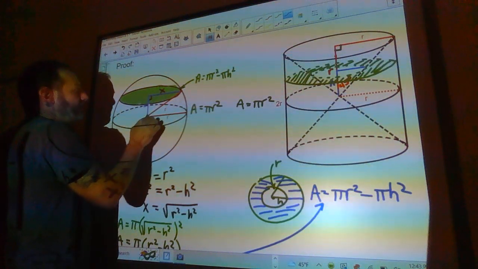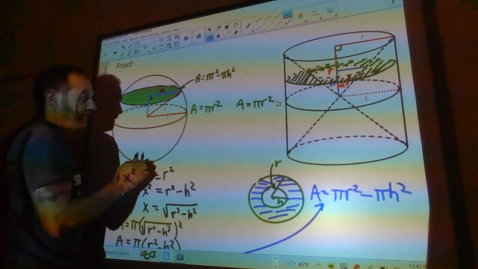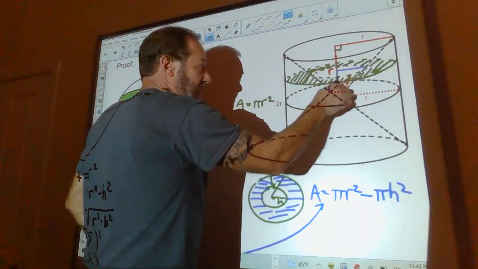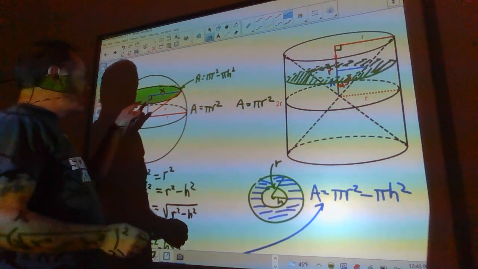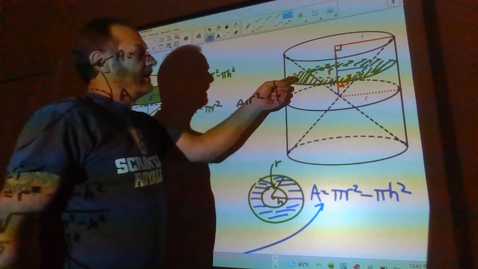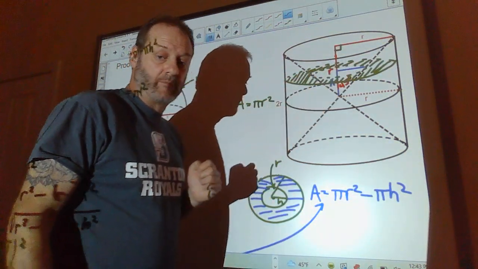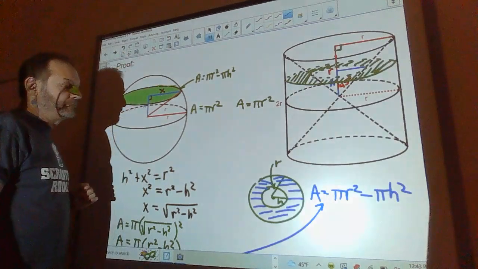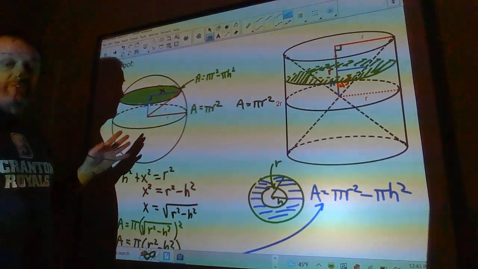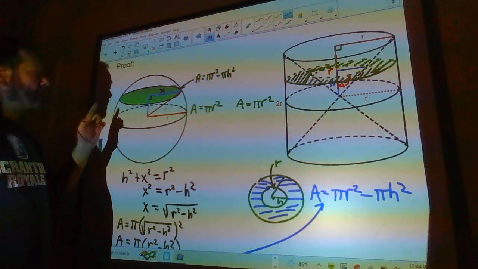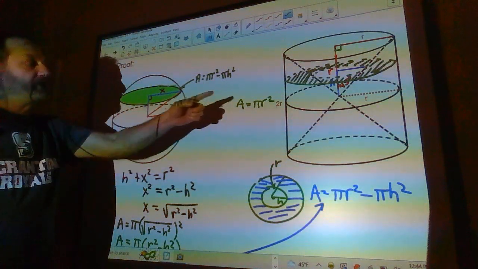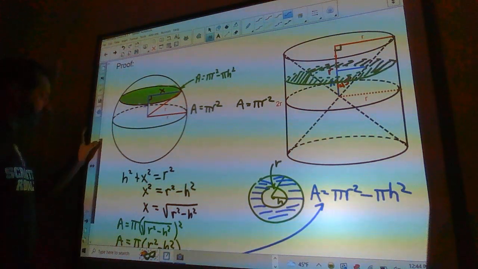I could go anywhere between here and here or down here. I come up the same height here. So that means that this circle is always going to have the same area as that ring right there. So this tells me that by Cavalieri's principle, these two things have to have the same volume, okay?